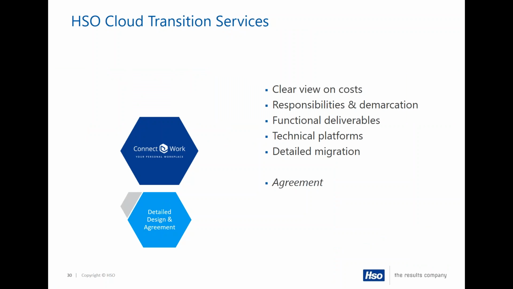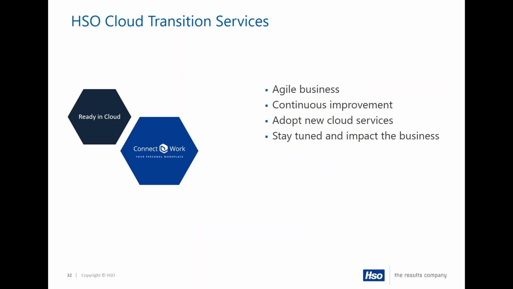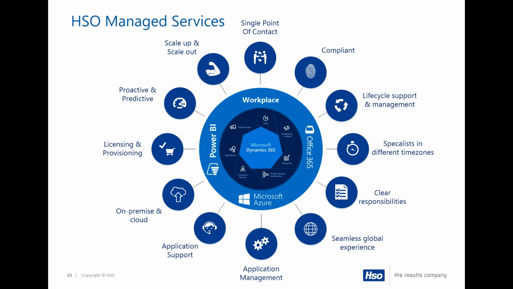After this high-level visual, after creating a program with sub-projects to realize your digital transformation, we are going to a more detailed design, an agreement, a phased migration at your pace, and finally ready in cloud or in a hybrid environment, of course. So these 6 steps are the steps to support you in your digital transformation.